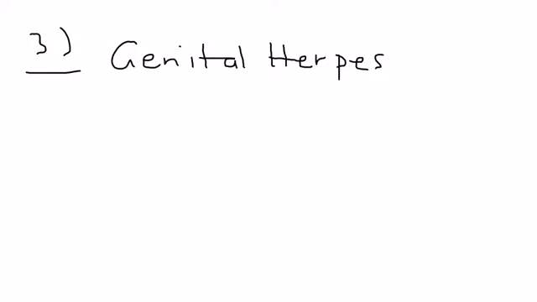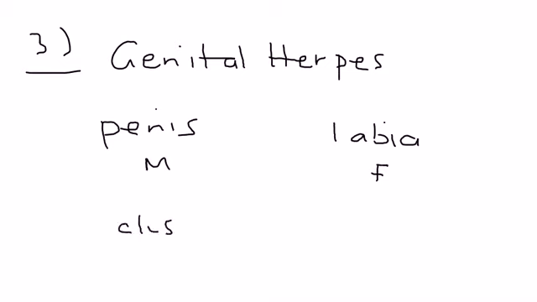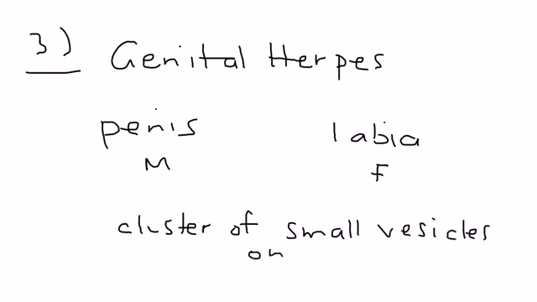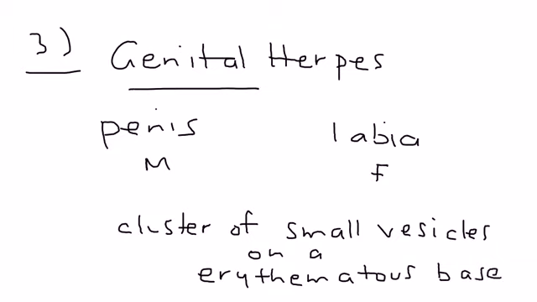And basically what you have is, on either the penis in a man or the labia in a female, the very similar type of vesicles, which is the cluster of small vesicles on an erythematous base. So very similar to the previous description, but this time it's appearing in the genital area.